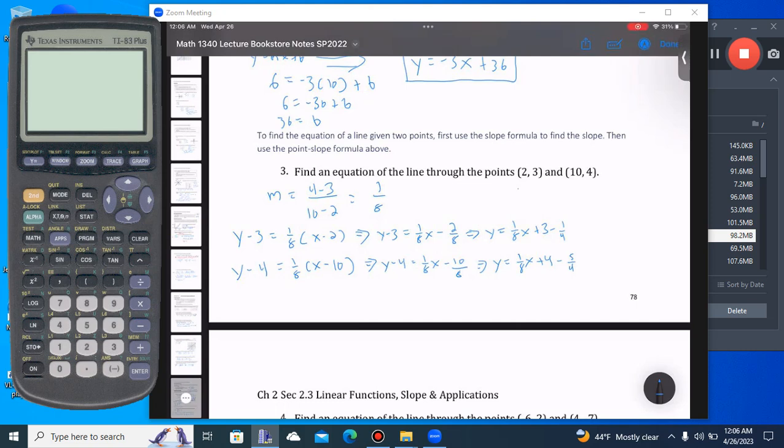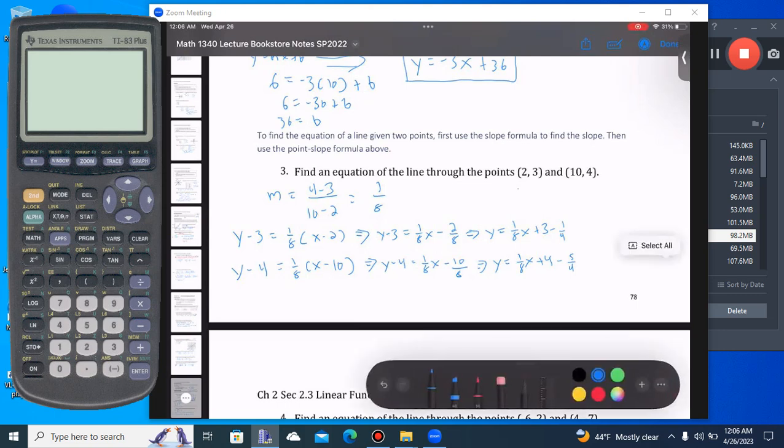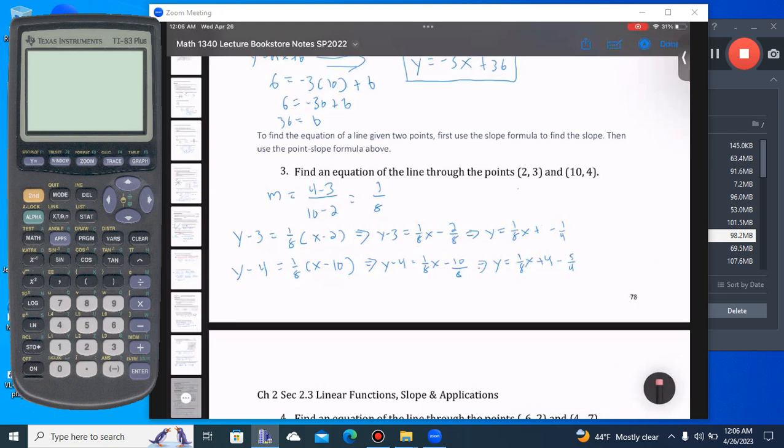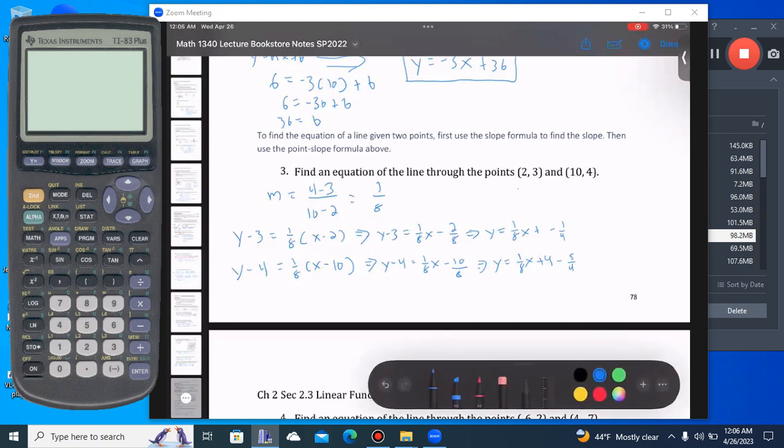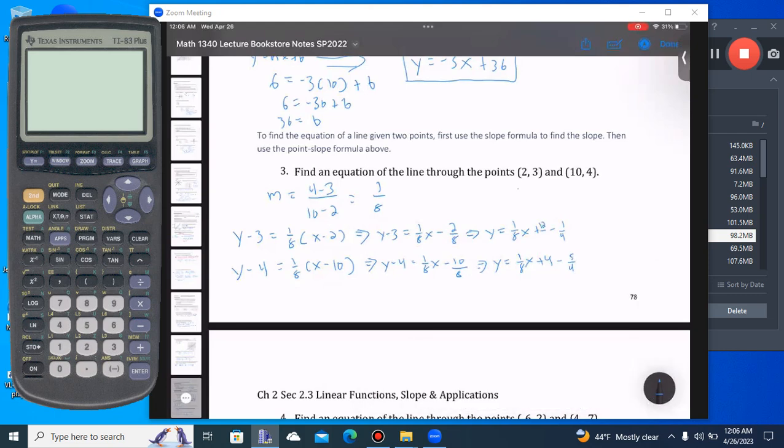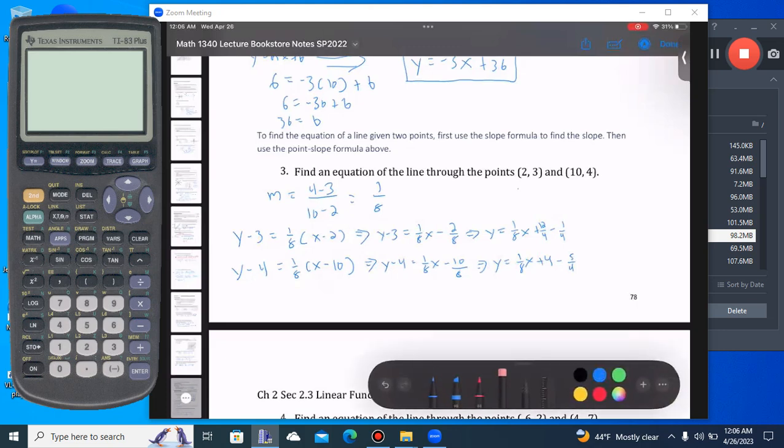3 minus 1/4 is, think about it decimal wise, it's 2.75. So that will be 11/4. Or you can change the 3 into a fraction, 12 over 4, and you get 11 over 4.